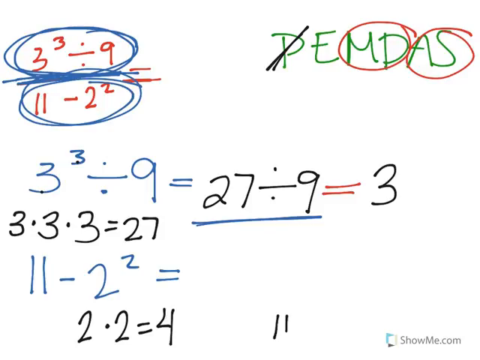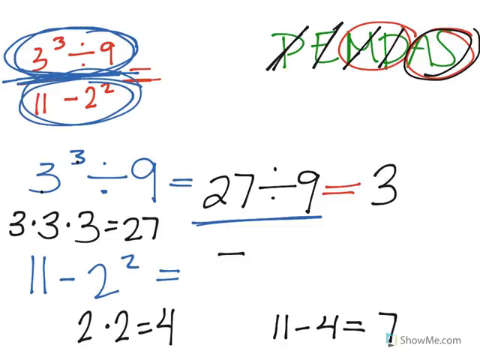So we can translate this into 11 minus 4. So we do not have exponents anymore. We do not have multiplication or division. And we do have addition or subtraction. In this case, it's only subtraction. 11 minus 4 is equal to 7. So we got a 7 right here.